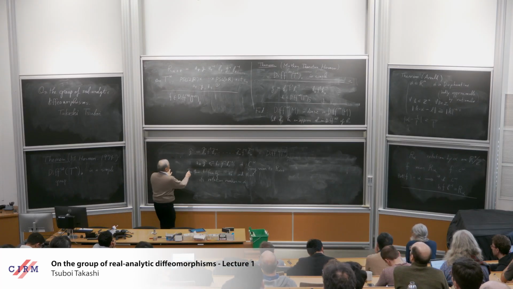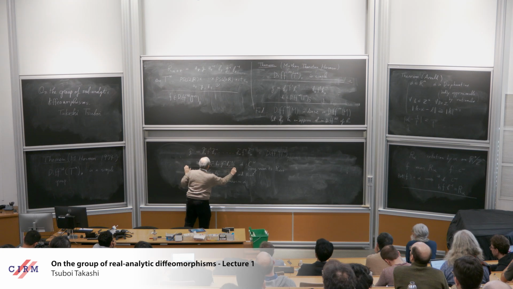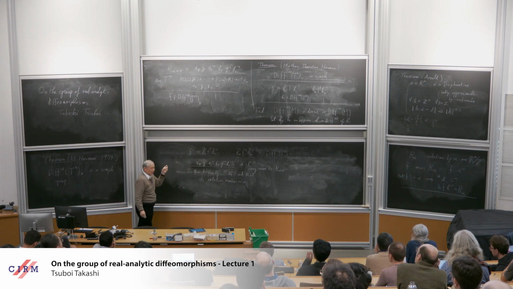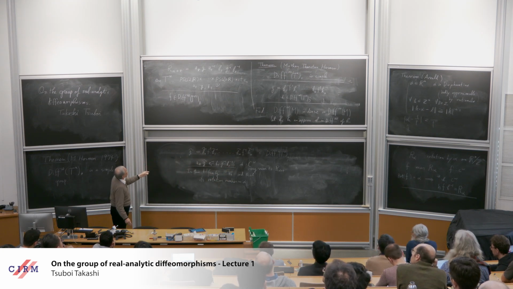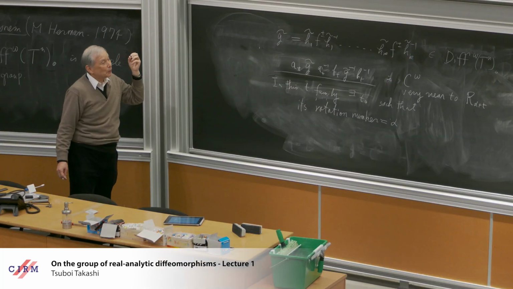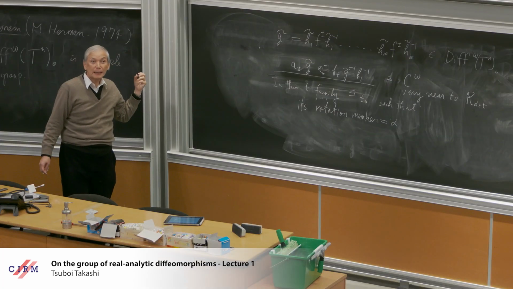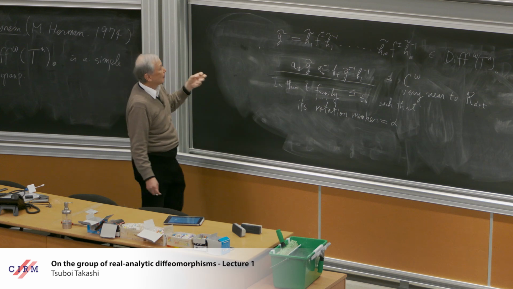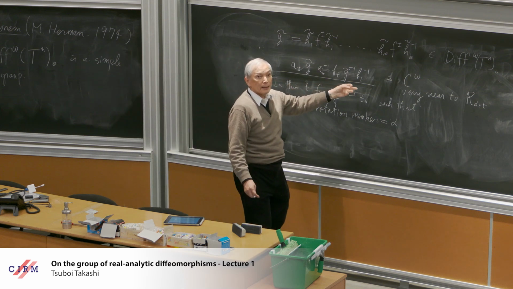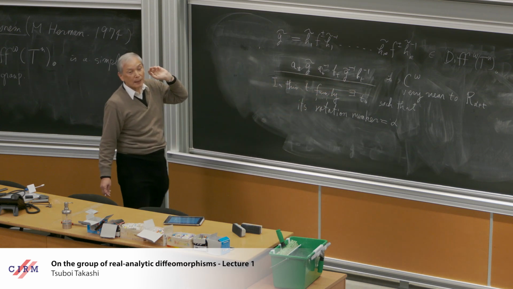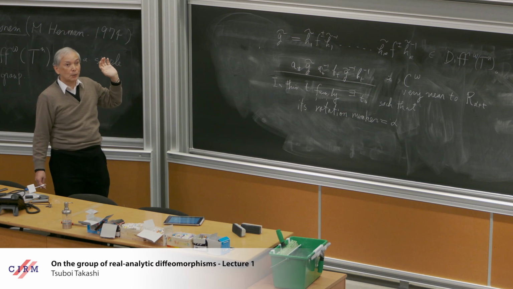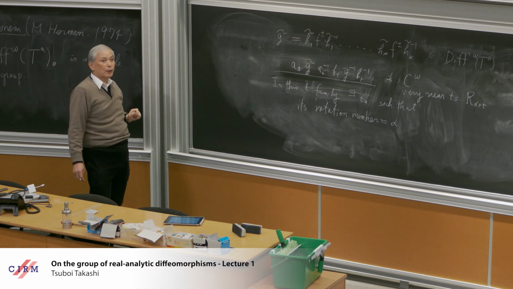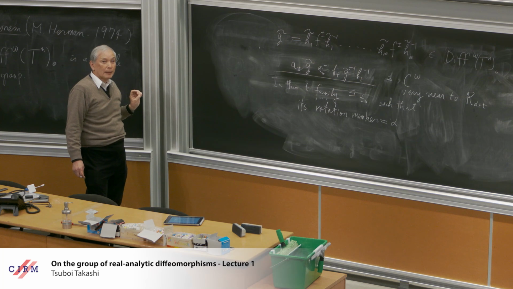If t is negative, the rotation number should be less than alpha, and if t is positive, it is bigger than alpha. So there is some t0 where the rotation number is alpha.